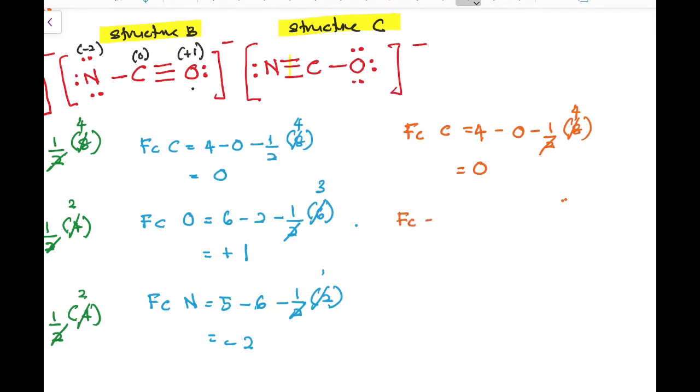The formal charge for oxygen first, 6 minus 6 minus half from 2. 6 minus 6 is 0, negative 1.